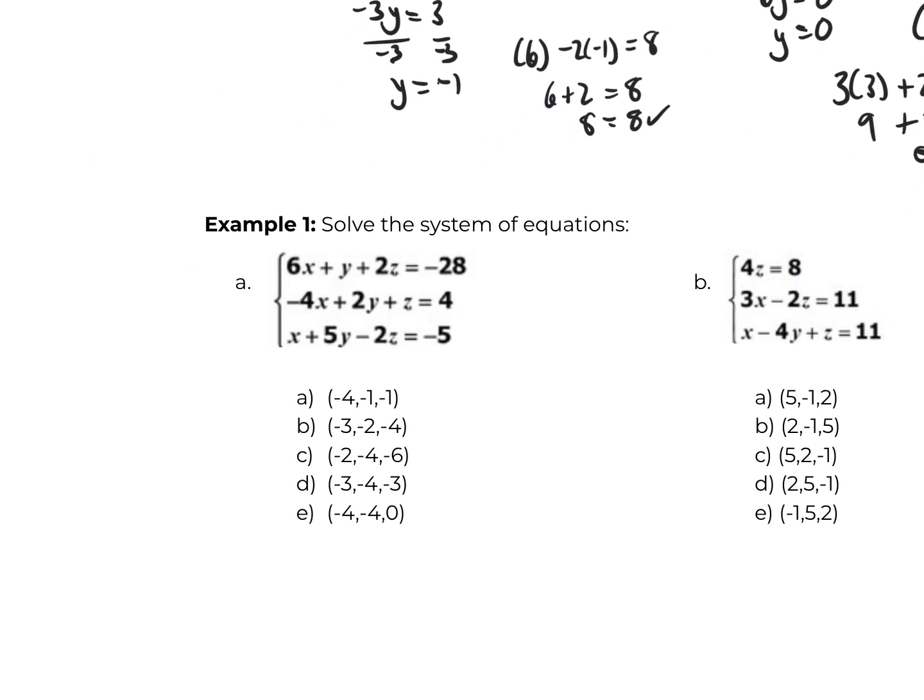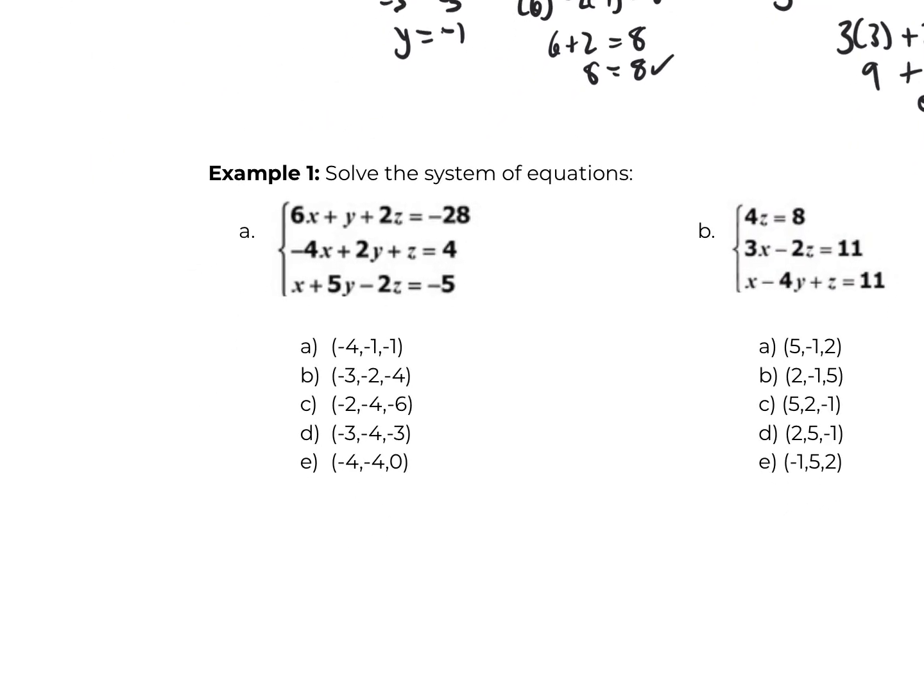Alright. So now we're going to solve a system of equations with three variables and three equations. The way we're going to do this is we're going to try to create an opposite pair, and we're going to have to do this a couple of times. We've got to figure out which variable we want to create an opposite pair of.